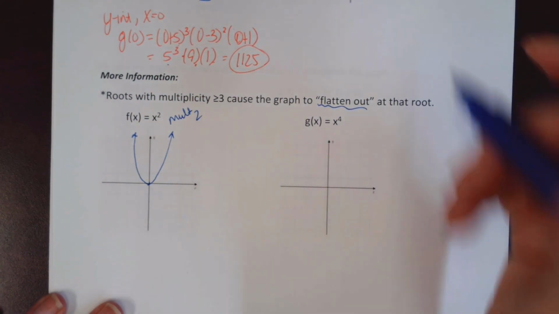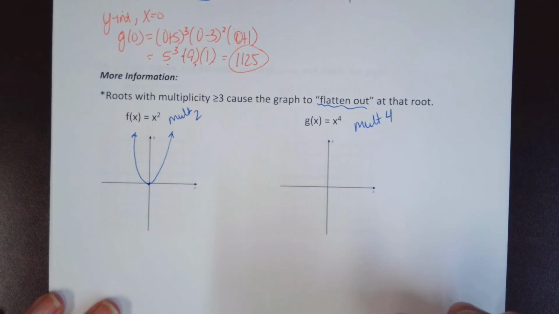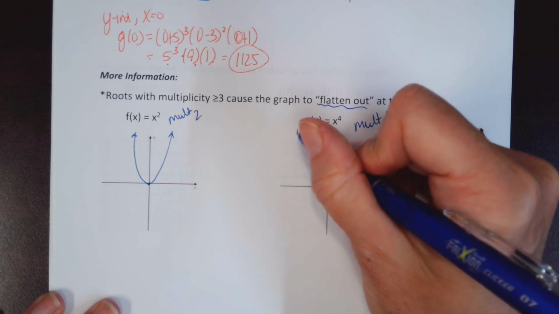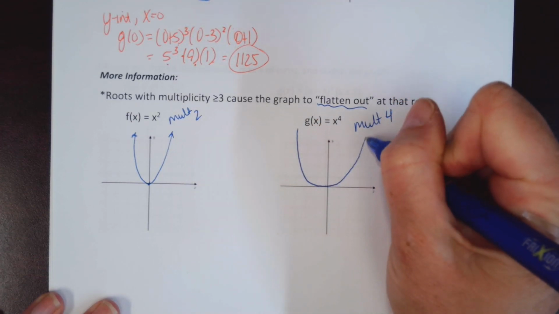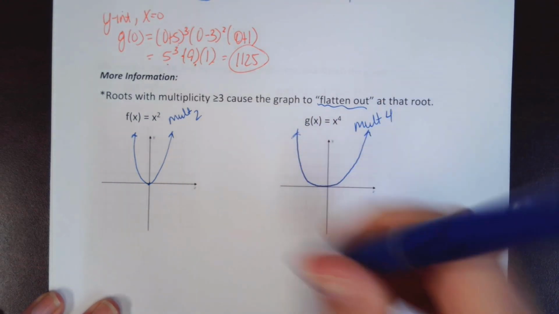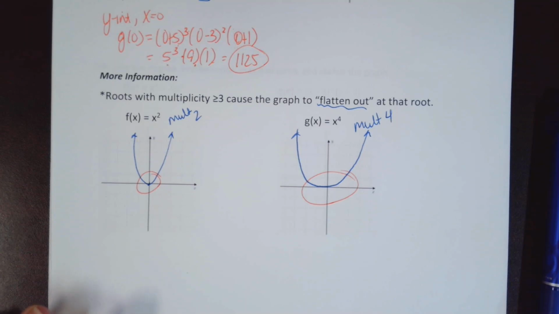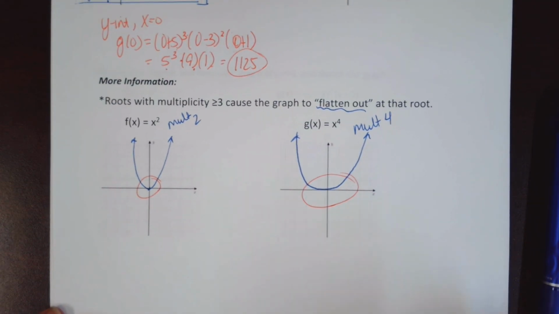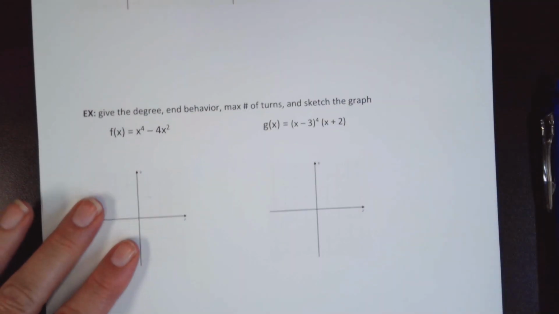If I had x to the 4th, multiplicity 4, it's still even, so it's still going to touch and turn. But when it comes in to touch and turn, it's going to slow down and it's going to widen and flatten out. So you see the difference between touch and turn, slow down, multiplicity 4. And if that even multiplicity continued to increase, that would continue to be reflected in the shape of the graph.